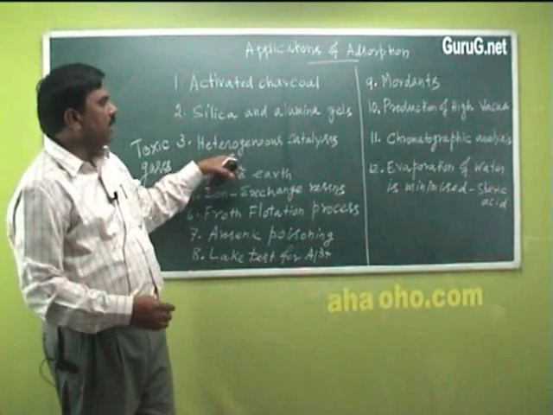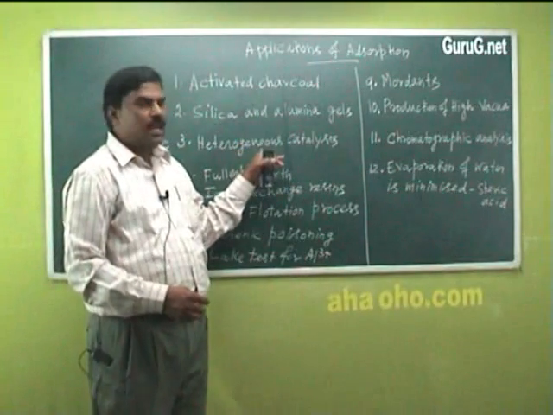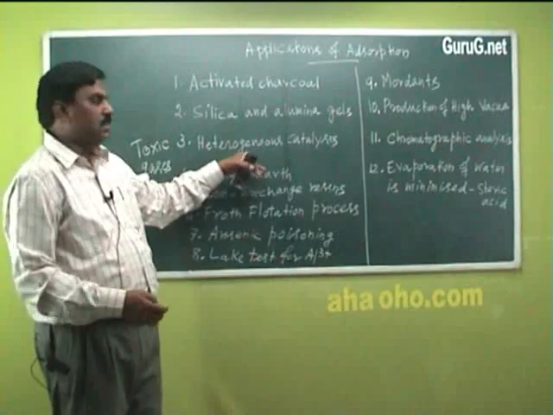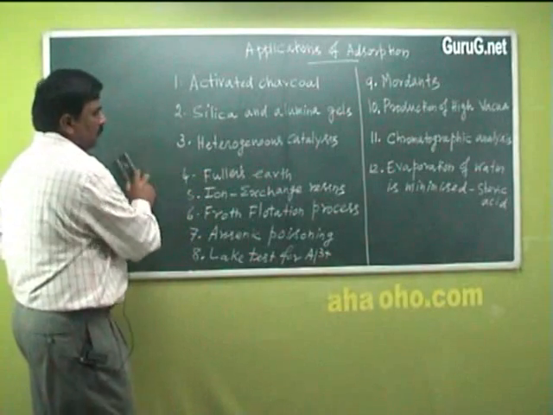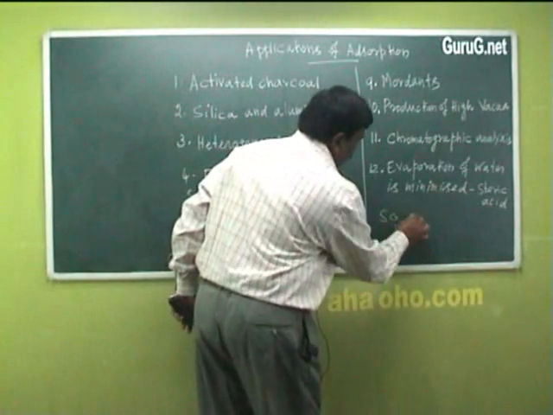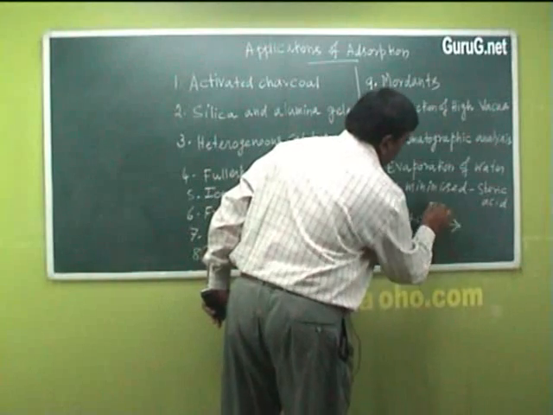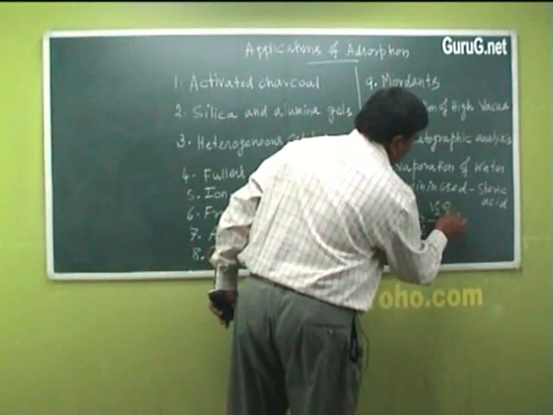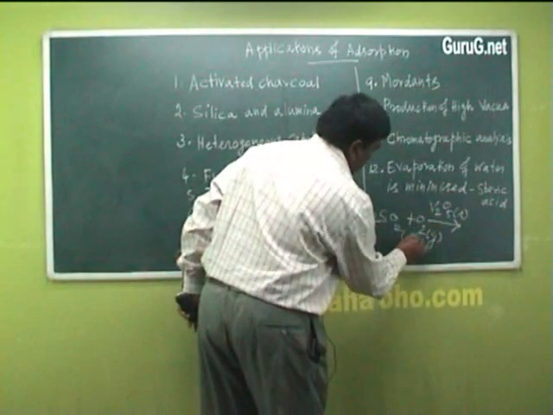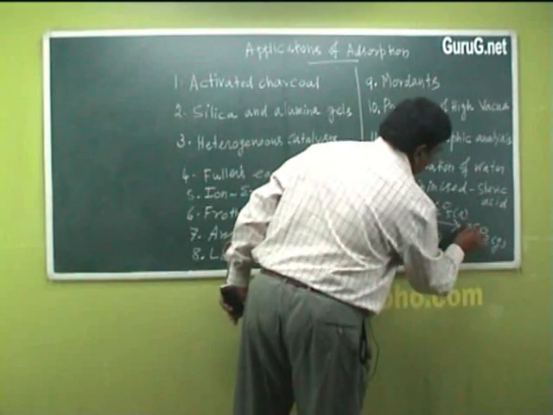And then heterogeneous catalysis. Heterogeneous catalysis is very useful in industrial processes for the preparation of gases. For example, preparation of sulfur dioxide: SO2 plus O2 on a solid V2O5 surface will give SO3 gas.